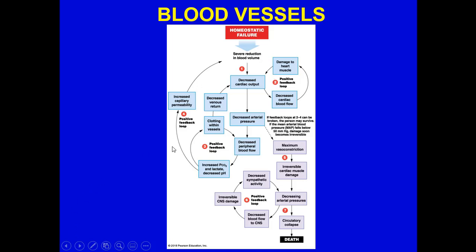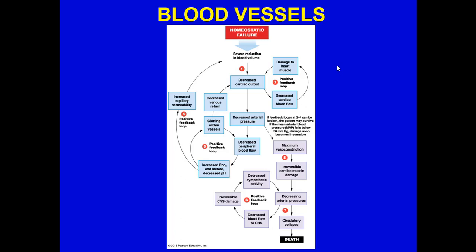Okay, but this chart is the one that I want you to spend some time reviewing. Start off with 1. You now have a severe reduction in blood volume. That means you're going to have reduced cardiac output. And reduced cardiac output is going to start causing decreased cardiac blood flow. It's a positive feedback that's going to lead to damage to the muscle.